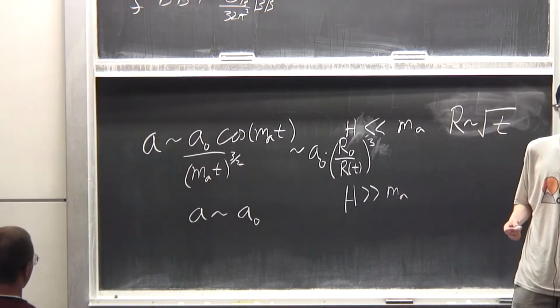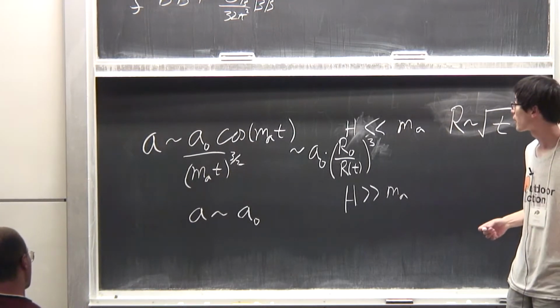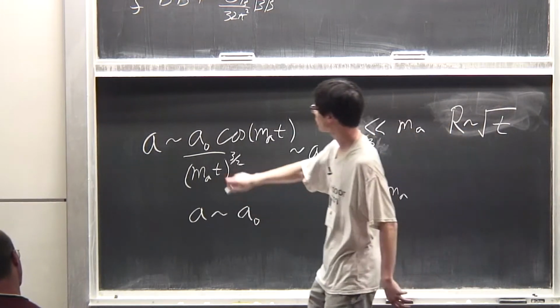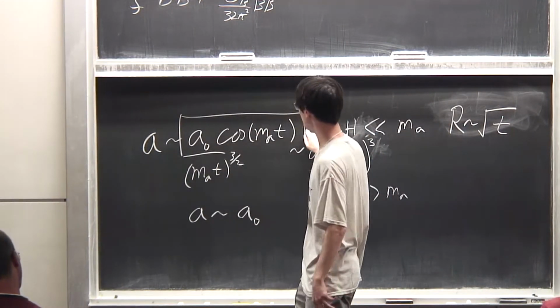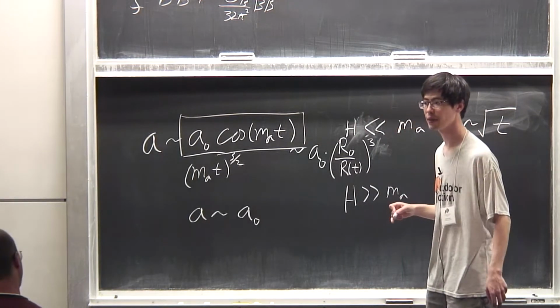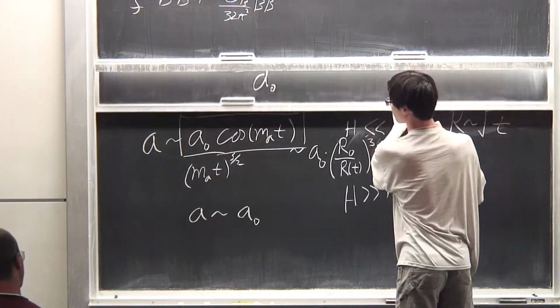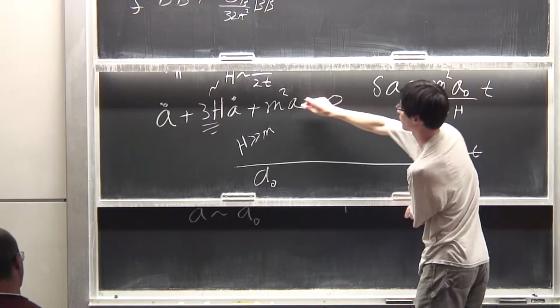Okay. So can you see just from this that they're very cold? It's essentially what matters for them being very cold is this thing. In particular, you'll notice it's oscillating with a frequency MA. Essentially, it's because the mass term here is just MA.